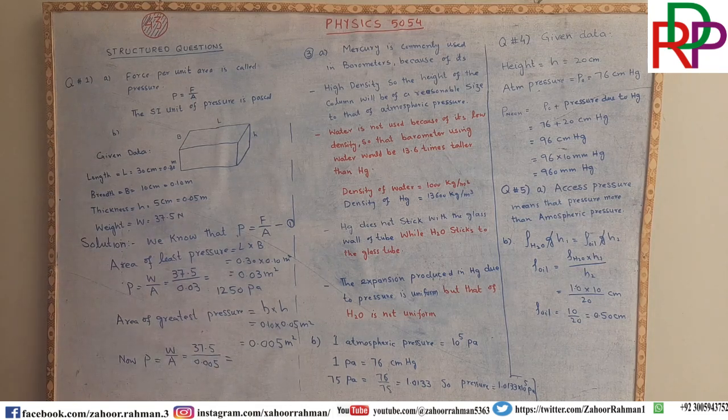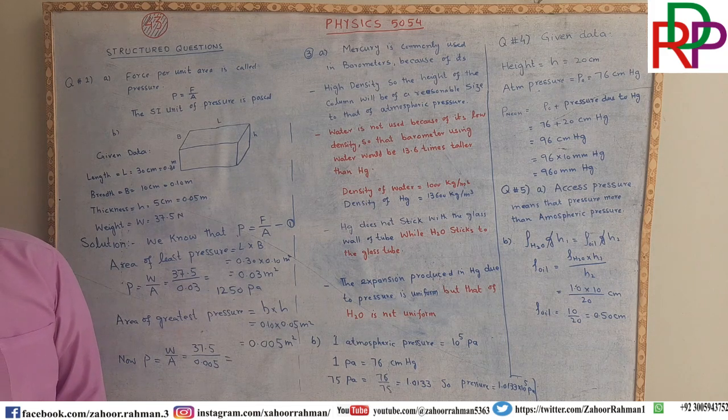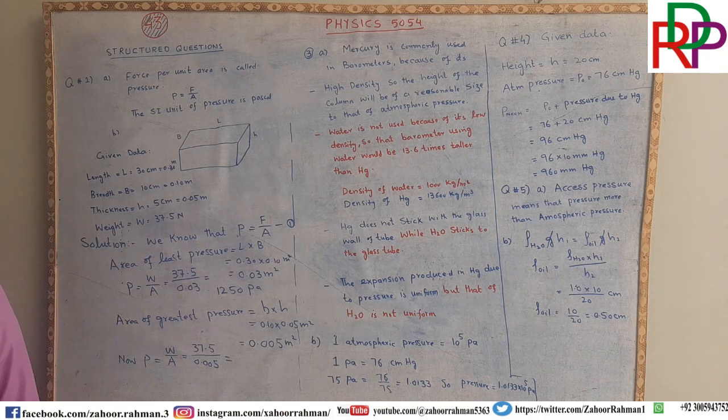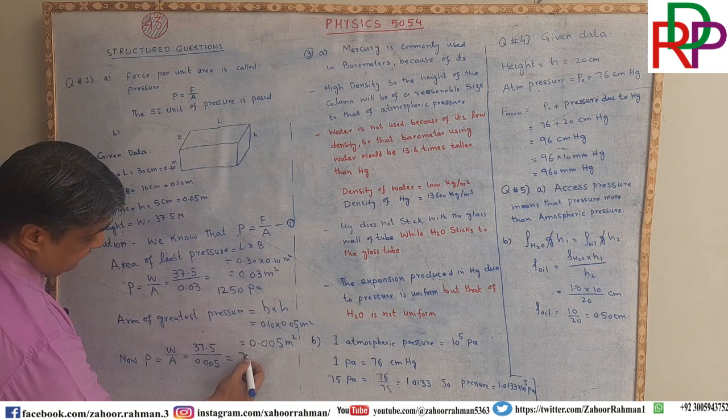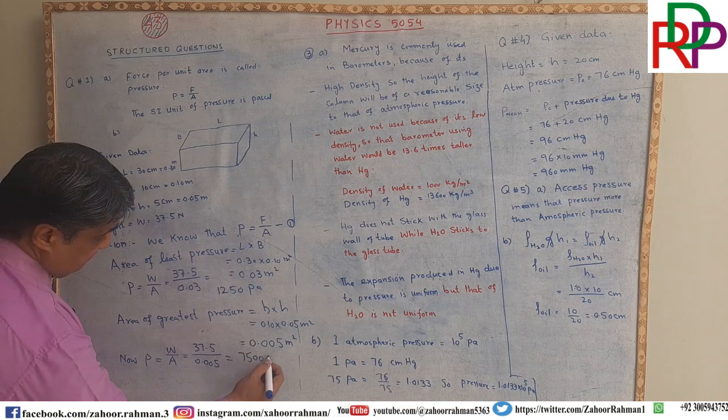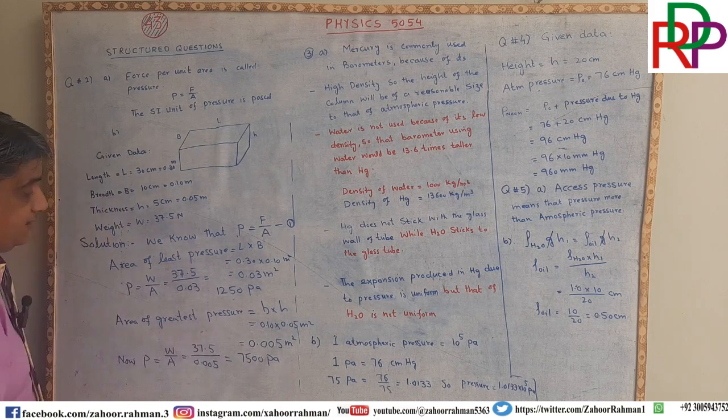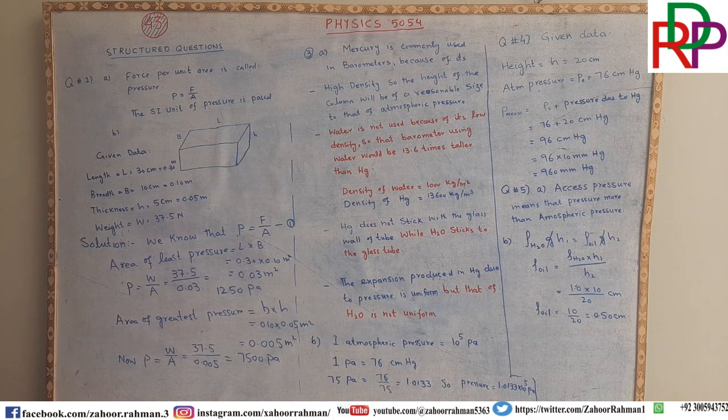When we divide 37.5 by 0.005, then we are getting 7,500 Pascal.